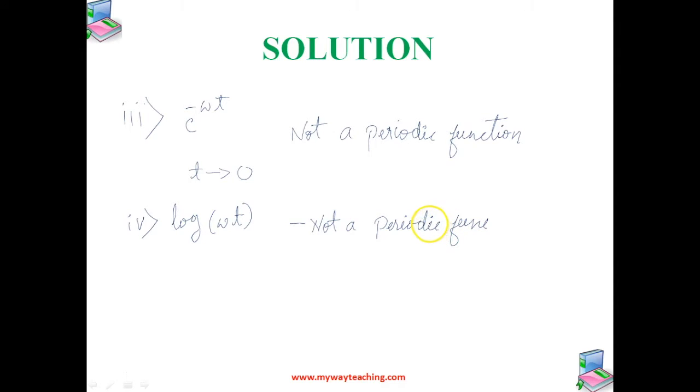And it may be noted that as t tends to infinity, this log omega t also diverges towards infinity. So it cannot represent any kind of physical displacement.